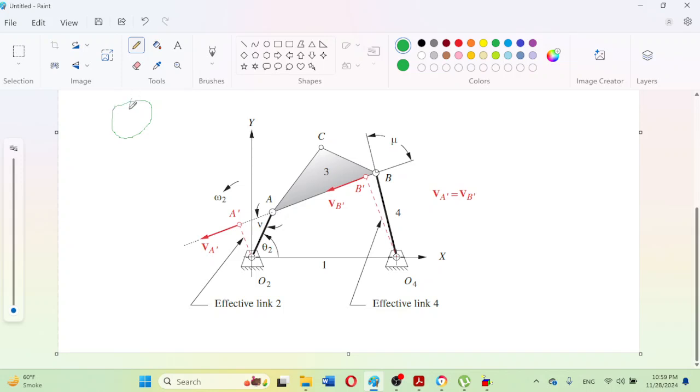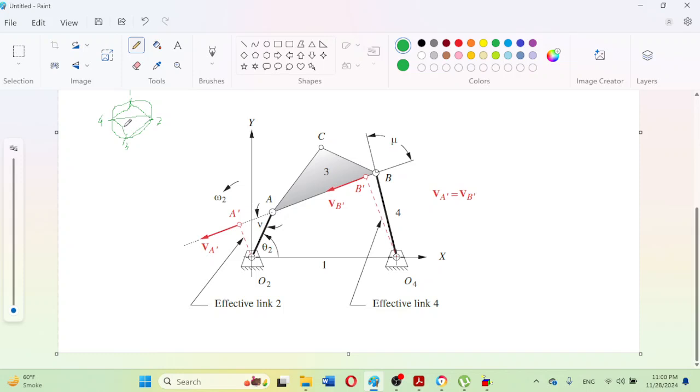For example, this is 1, this is 2, this is 3, and this is 4. So first of all, draw the permanent instant centers like this. Now draw this diagonal 2,4.